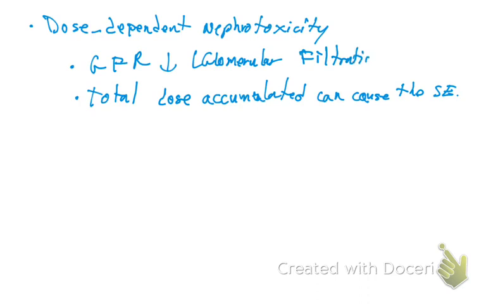The other side effects we can see with dose dependent nephrotoxicity involve renal function, for example the creatinine.